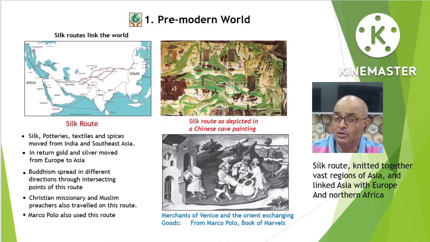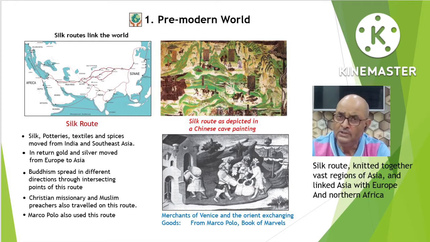But silk was not the only commodity that travelled through it. Besides silk, Chinese pottery, textiles and spices from India also travelled this route. In the return journey, what used to come from Europe was nothing but gold and silver.